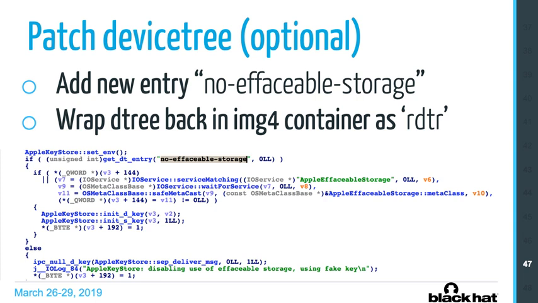As we see here, that's part of AppleKeyStore text, and we see if no effaceable storage entry exists, the Apple key store will disable the effaceable storage and switch back to fake keys. That's what we need to make sure it's not going to override the original keys. So again, just add a no effaceable storage entry to the device tree, and we're good to go.